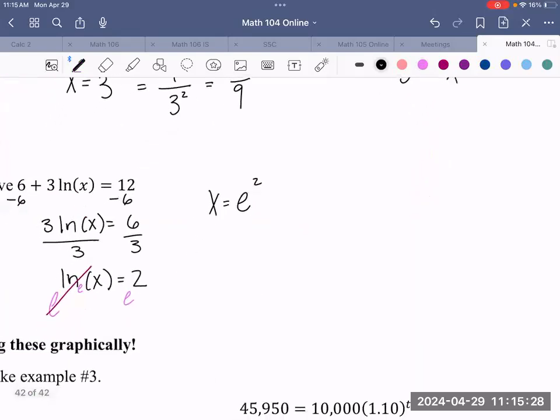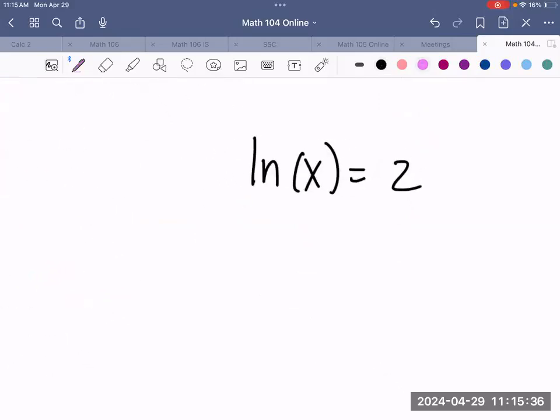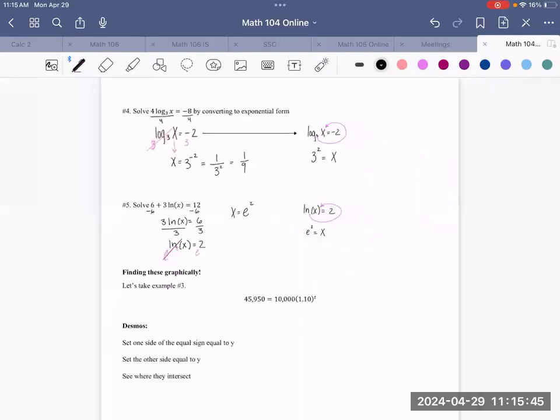Last one, we said ln of x is equal to 2. Start on your base, come up and around, and land on x. e to the 2 is equal to x. So if you like the swoop method, keep trying that. If you like the graphical method, please do that as well.